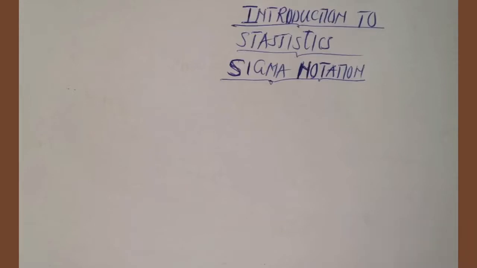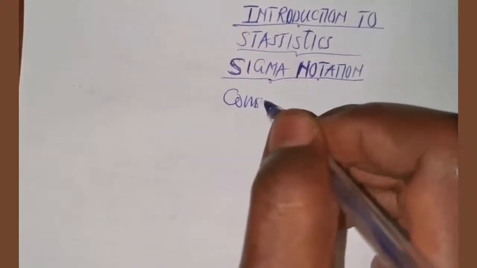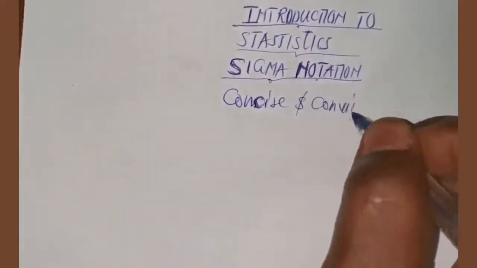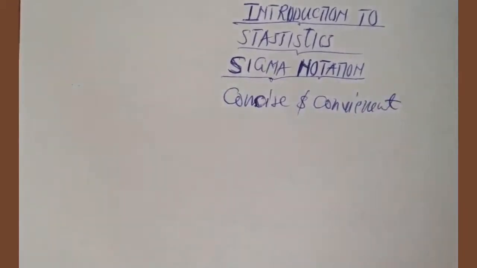Alright, so you're welcome back once again. Anytime you hear of sigma notation, we are saying that sigma notation is a method used to write out a long sum in a concise and convenient way.